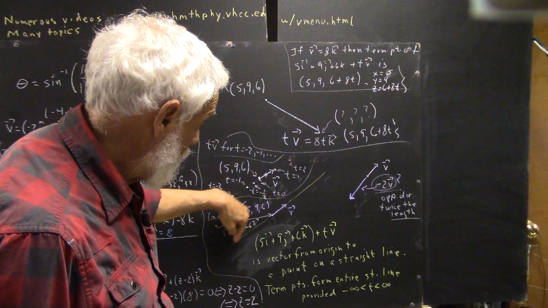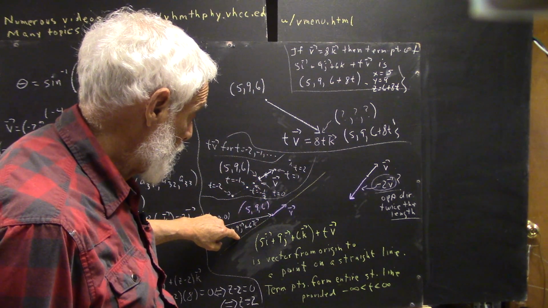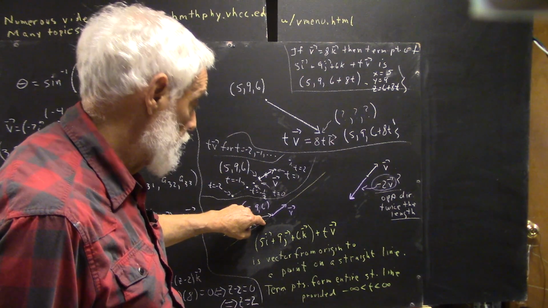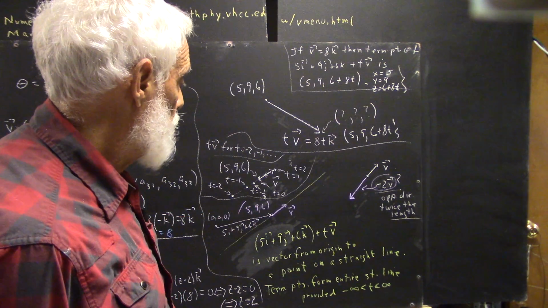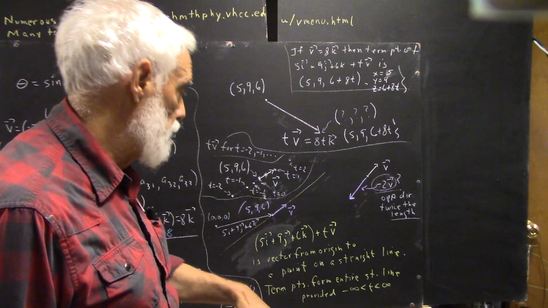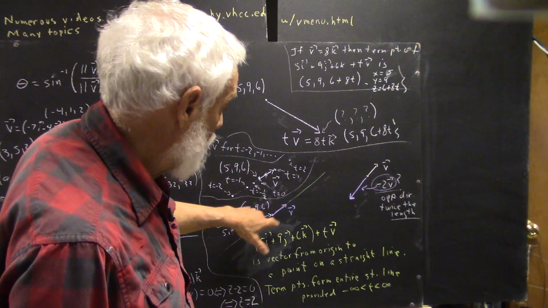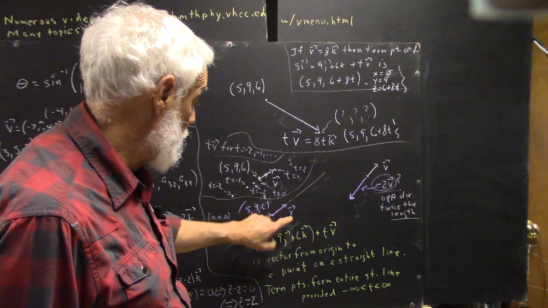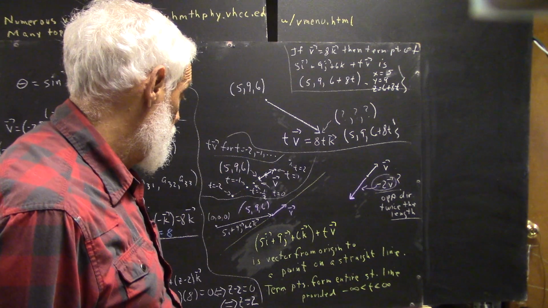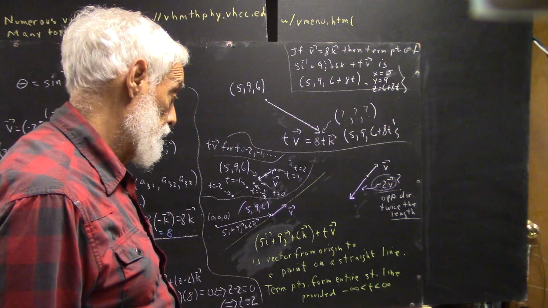If t is -2, we end up twice the length of v in this direction, maybe here. t equals -1 here, t equals -1/2 here. It should be obvious that if t takes all possible values from -infinity to infinity, we trace out this whole straight line, the straight line that has the direction of the v vector and passes through the point (5, 9, 6).